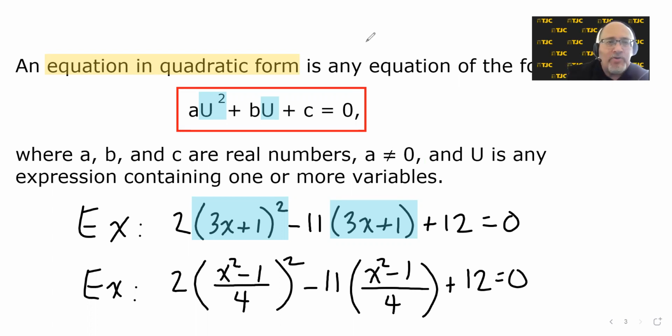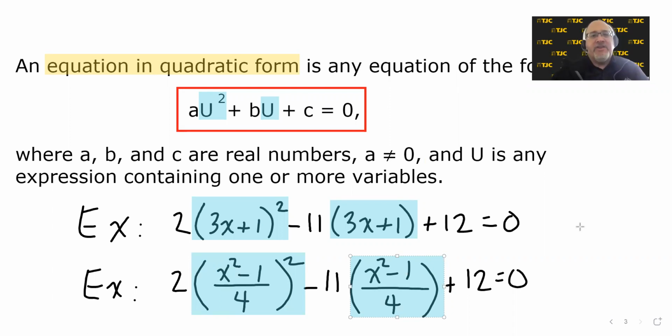Well, this is also quadratic in form because it has the same expression twice. Once it's squared and once it's to the first power. That's what makes it quadratic in form. It's quadratic not in a single variable, but in an expression. And when you have an equation that's quadratic in form, you can take advantage of that by making what's called a substitution. But we'll talk about that in the next video.